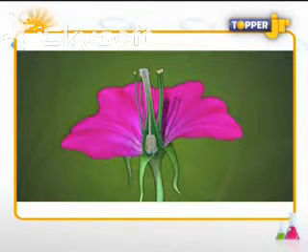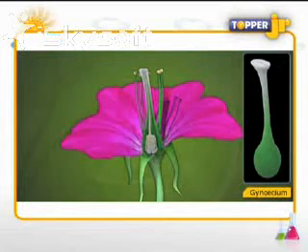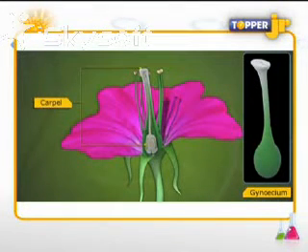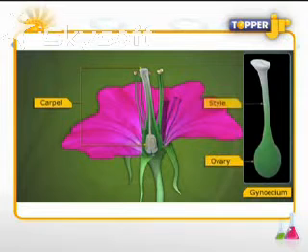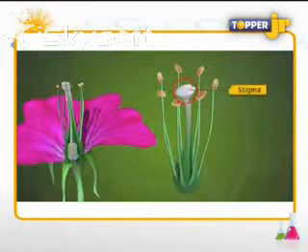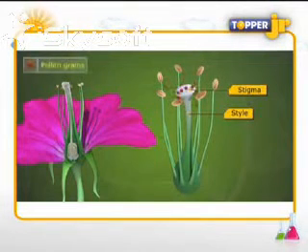The fourth whorl of floral parts of the flower is the gynoecium, which is made up of one or more units called carpels. Each carpel consists of an ovary, a style above the ovary, and one or more stigmas. The stigma is a swollen structure at the end of the style which receives the pollen grains.